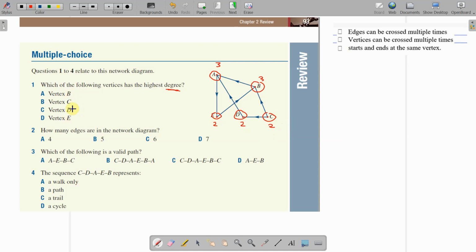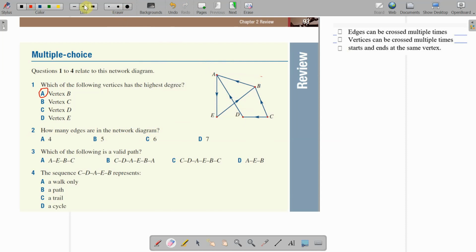So of the choices here, looks like C, D and E all have 2 and B has the 3, so vertex B has the highest degree. How many edges are in the network diagram? So we're counting, we'll just take those away so they're a bit clearer to see.